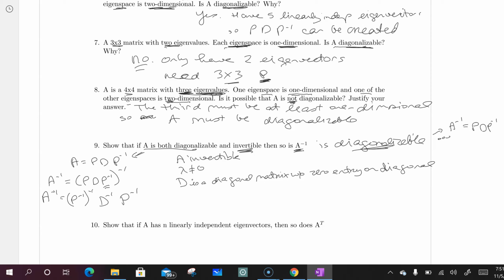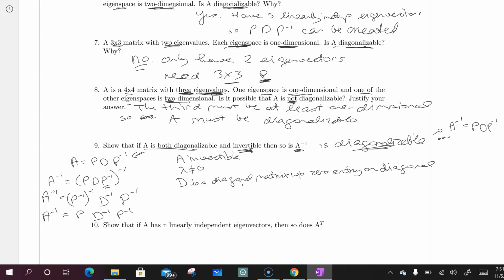So I switched the order. What do I know about P inverse inverse? That's going to be P. Then D inverse. I know D inverse exists because D is diagonal. And then this is P inverse.